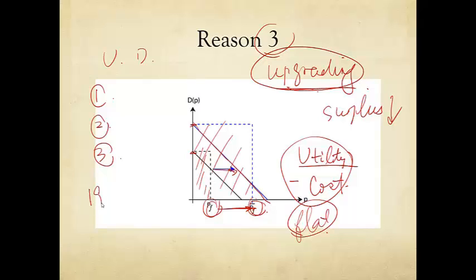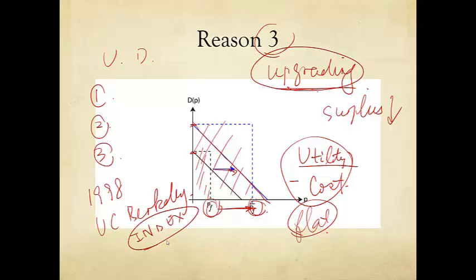In fact, back in 1998, UC Berkeley had an experiment called the INDEX experiment, one of the few quantitative approaches to suggest why usage pricing is a good idea.